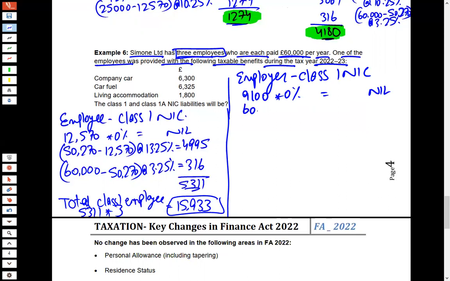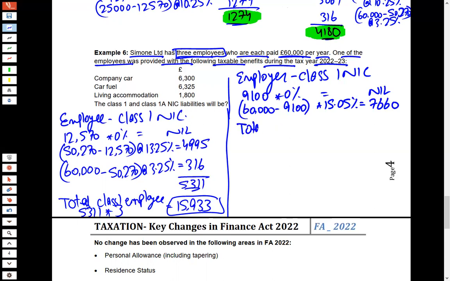Then the employer is paying salary of 60,000, so the gross cash earnings is 60,000. So 60,000 minus the 0% band, whatever is the difference, will attract NIC at the rate 15.05%, which works out to be 7660.